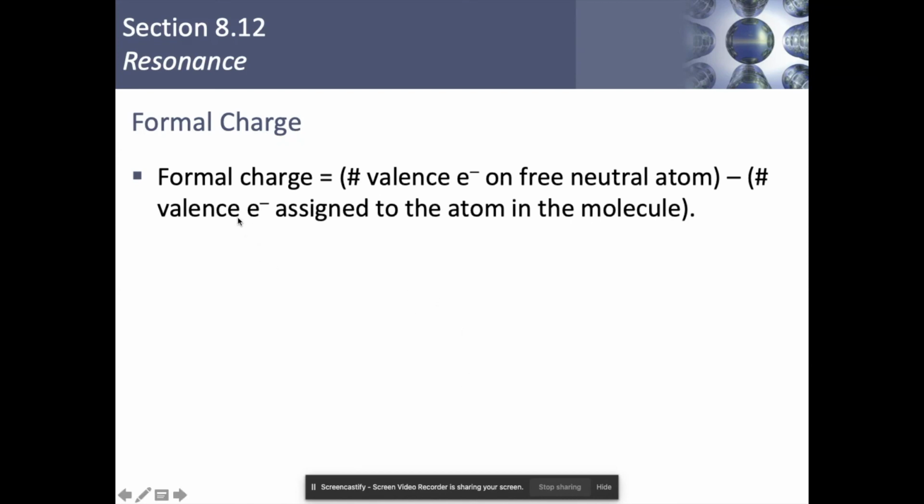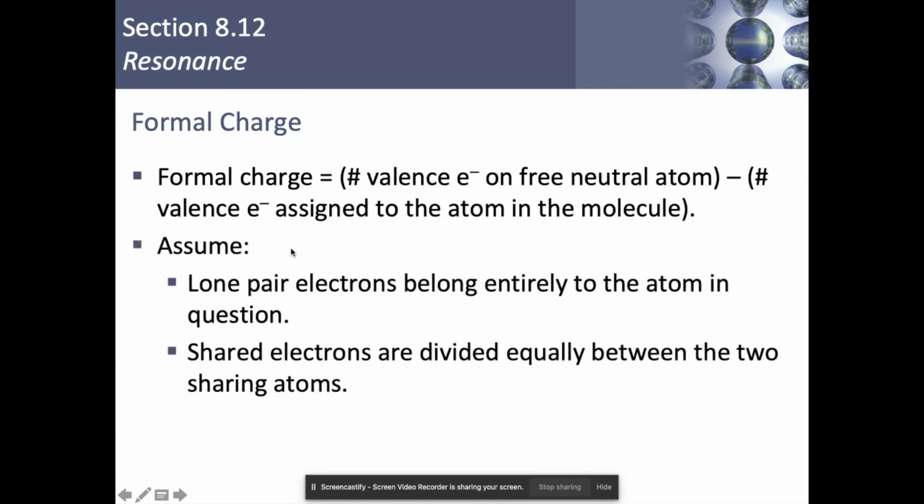So formal charges, though, how do we calculate that? There's no exception to figuring out formal charge. It's the number of valence electrons on the free neutral atom minus the number of valence electrons assigned to the atom in the molecule itself. So what do we assume? Again, remember, models all have assumptions. The lone pairs of electrons belong entirely to the atom in question. Yes, that isn't true. What did we just say?